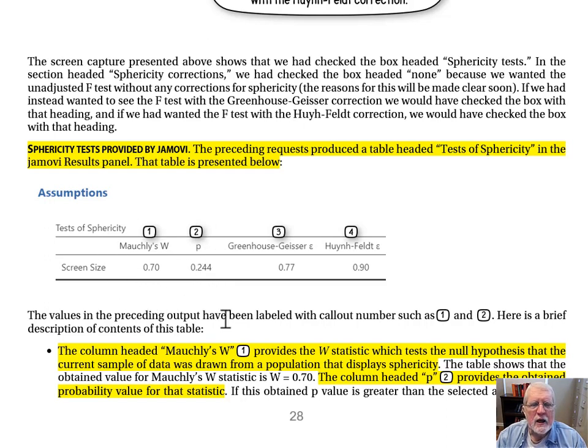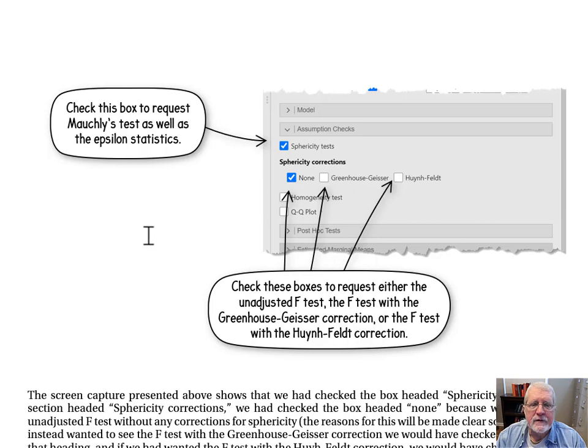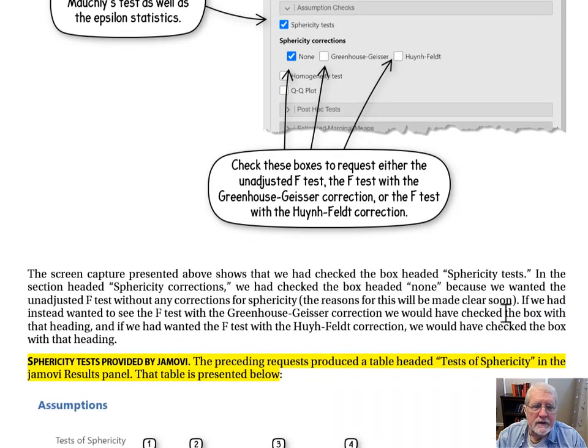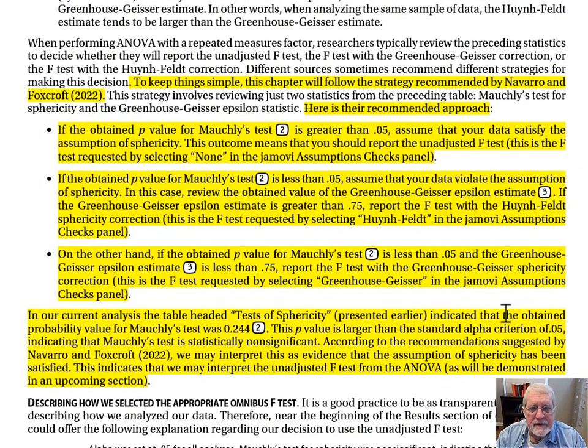Mauchly's W test was statistically non-significant. Therefore, we're going to assume that our data display sphericity, and we are going to go with the results that involve no correction for failing to satisfy sphericity. That is why we made the decision to check none.